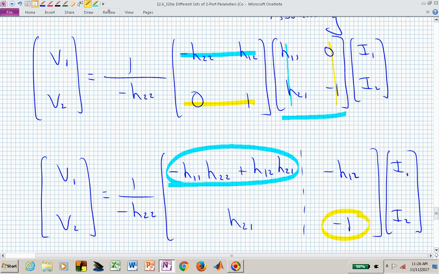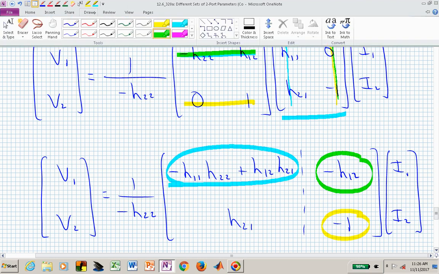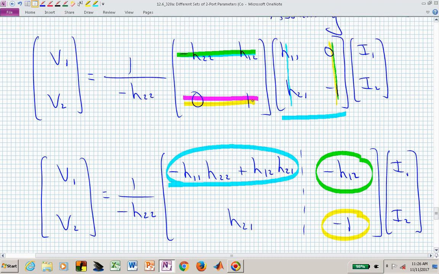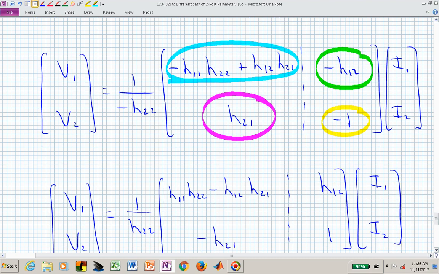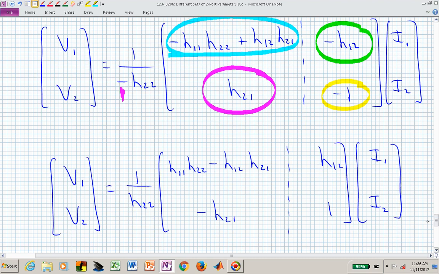Maybe I could now say I have row 1 times column 2 would give us this. And likewise, we have row 2 times column 1 giving us this. With those combinations and now pushing this minus sign inside the matrix, we now essentially have our z parameters.